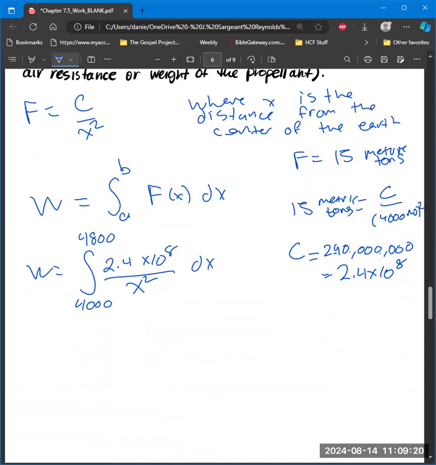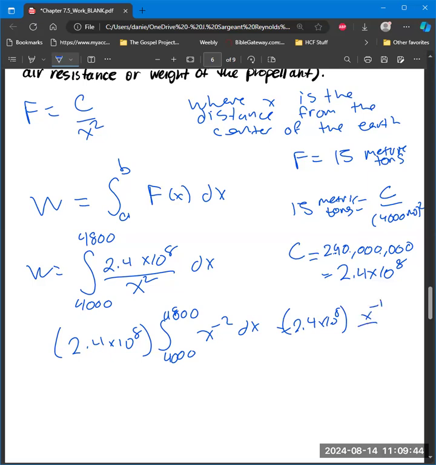And so we get that this is 2.4 times 10 to the 8th, integral 4,000 to 4,800 of x to the negative second dx, 2.4 times 10 to the 8th, x to the negative first over negative 1, from 4,000 to 4,800.